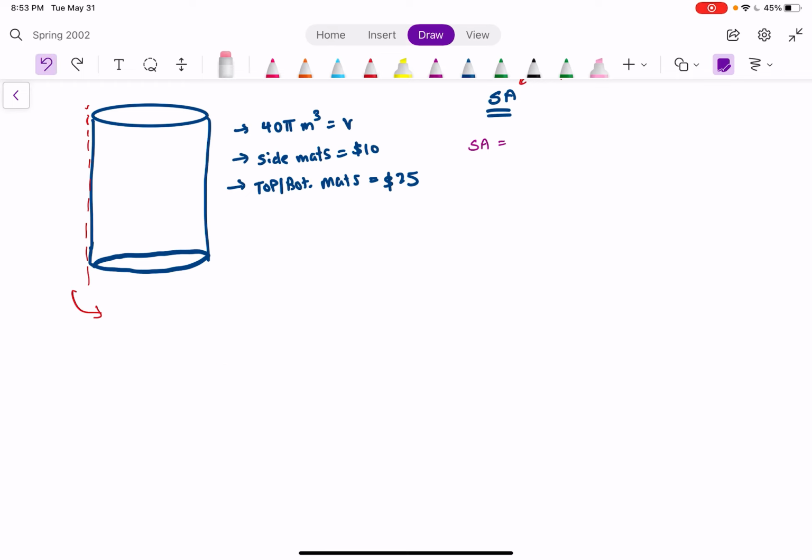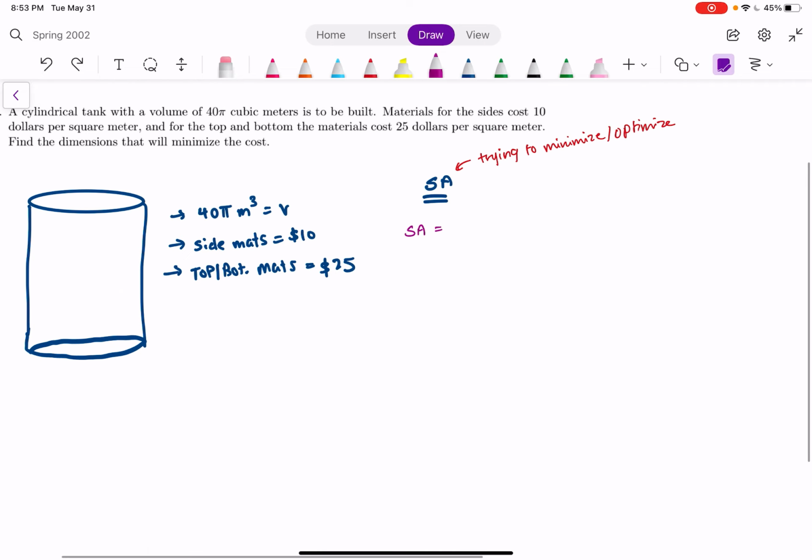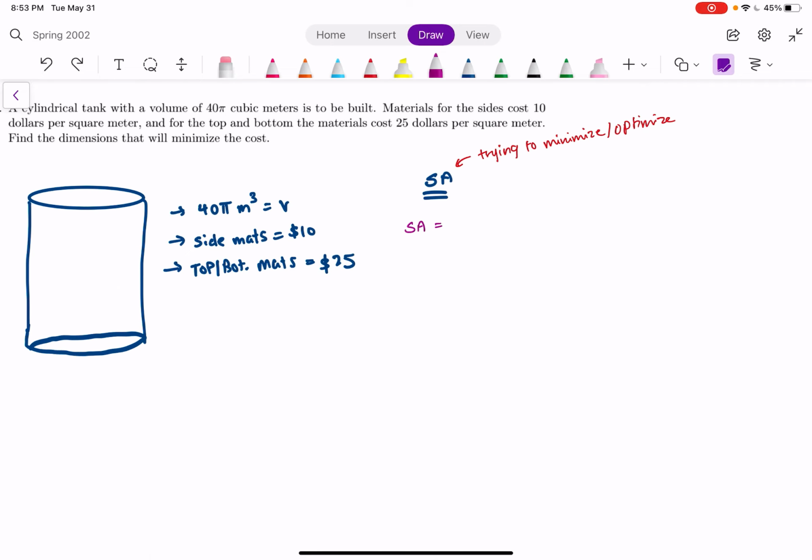Now we're going to come up with the surface area formula. For the tops, the individual area is a circle, so it's the radius times the radius times pi, so pi r squared, and we have two of them, so 2 pi r squared for top and bottom. Plus, we need our side.